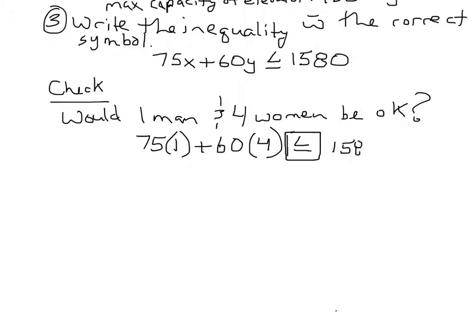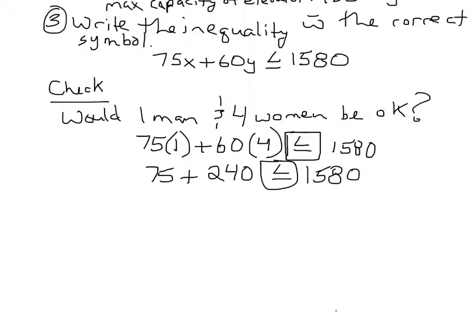Less than or equal to 1,580. And we calculate. 75 times 1 is 75. 60 times 4 is 240. And we want to know if it's less than or equal to 1,580. 75 plus 240 is 315.